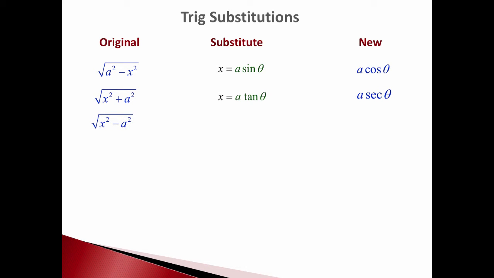And if we had the square root of x squared minus a squared, well, again, if we substitute in a secant theta this time, secant squared minus 1 is tangent squared. That's the root of how we would turn that ugly square root into just a tangent theta.